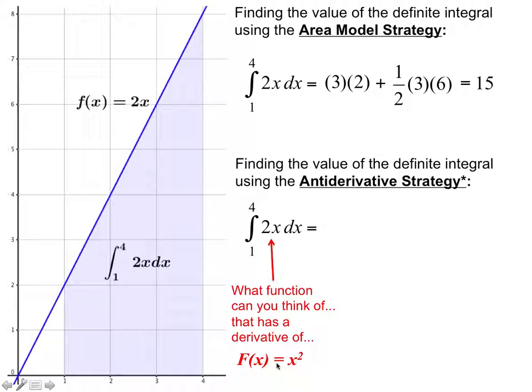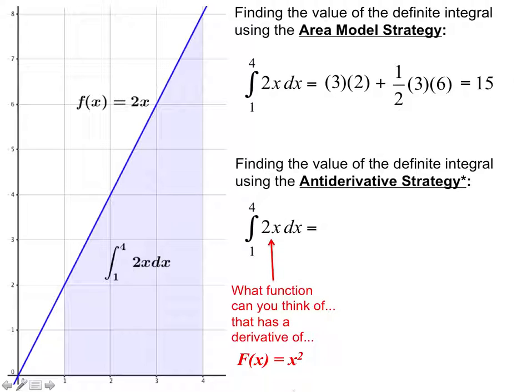It's the antiderivative. So if you look at that antiderivative, x squared, and you tie in the starting point of 1, that's where the area starts, and the ending point of 4, then if we substitute 4 into x squared, we get 16, and that's close to the answer. If we substitute 1 into x squared, we get 1.